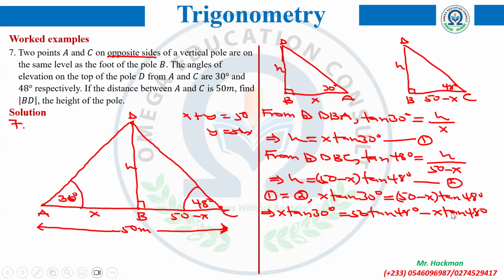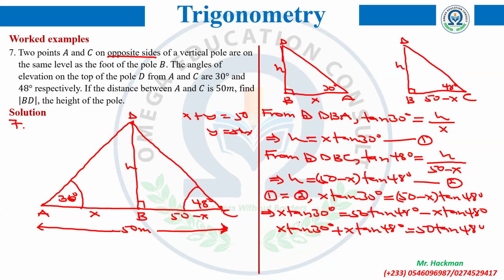So ideally I have to move this one to the side. So I'm going to do the same, having inspected and checked which movements will be ideal. So it will be plus x tan 48 degrees will be equal to 50 tan 48 degrees. All correct, my professors?